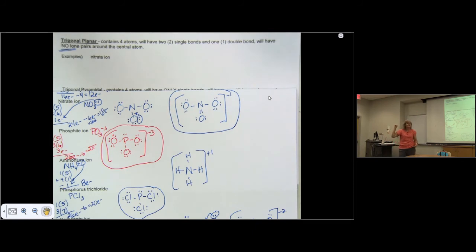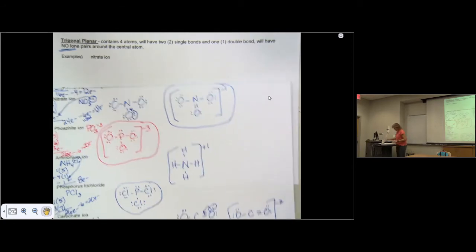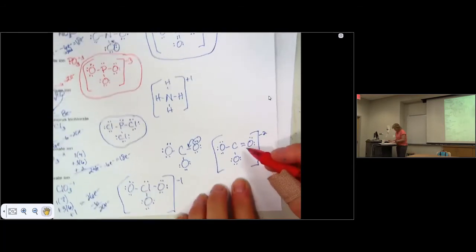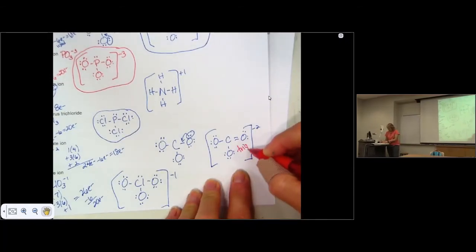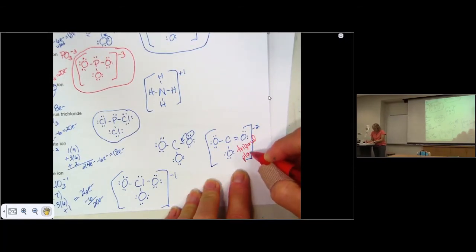Now, who else is trigonal planar that you've drawn? Carbonate. Right here. Carbonate. This is trigonal planar.